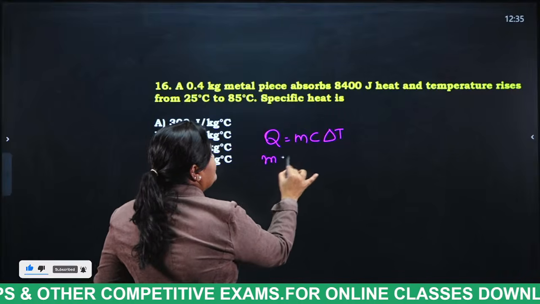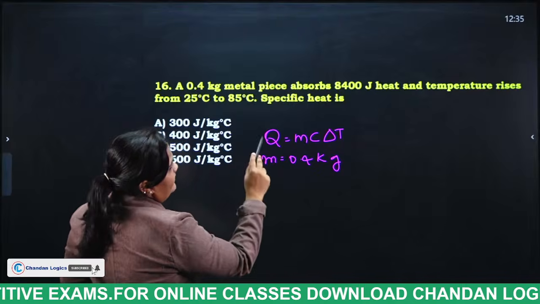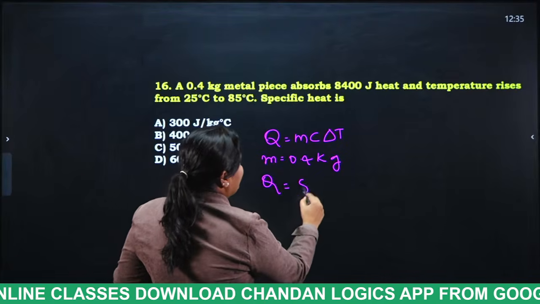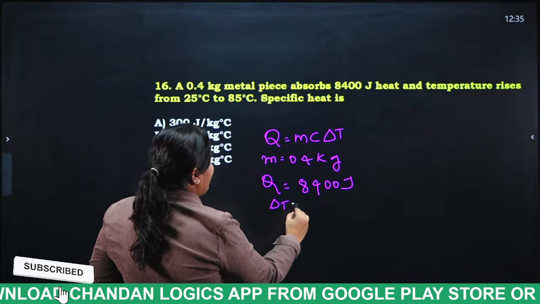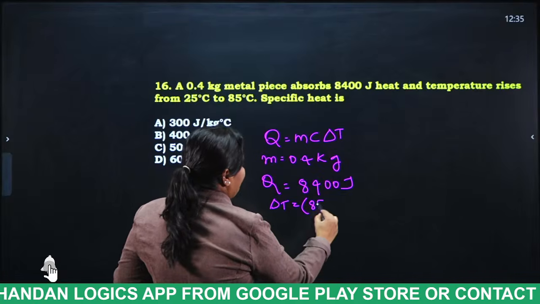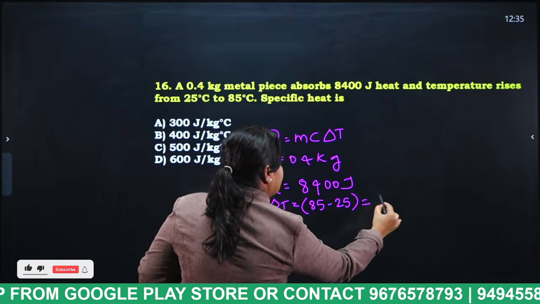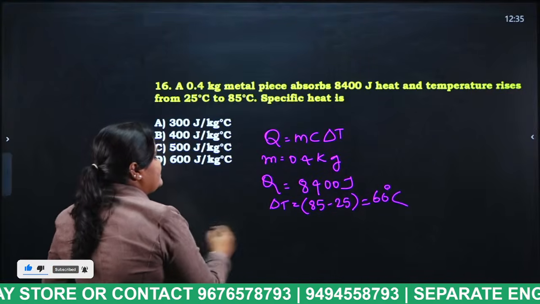M is equal to 0.4 kg. Heat is 8400 joules and change in temperature is T2 minus T1, 85 minus 25. So what is this? 60 degrees centigrade.